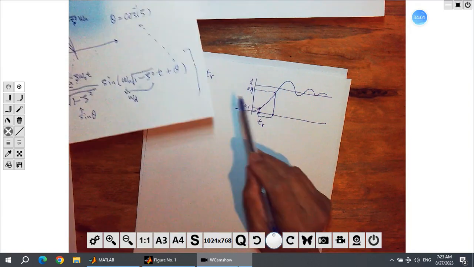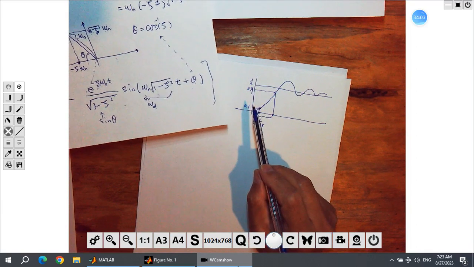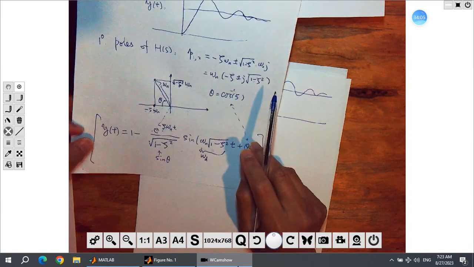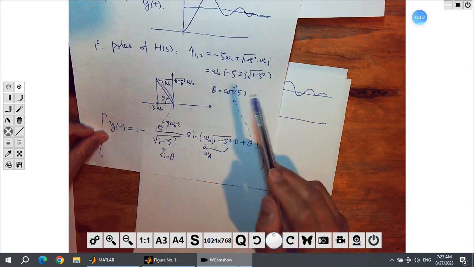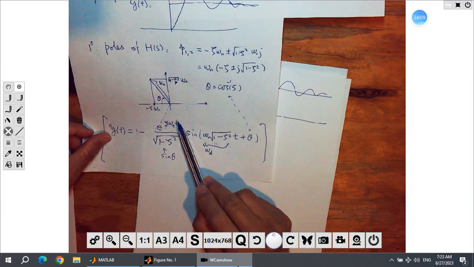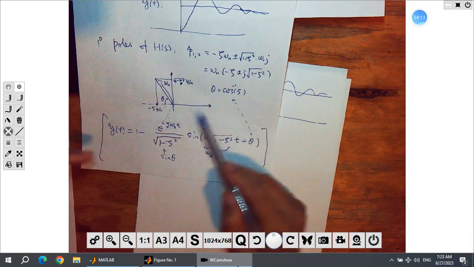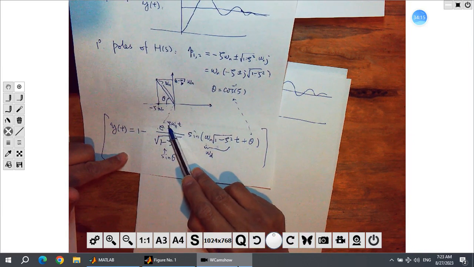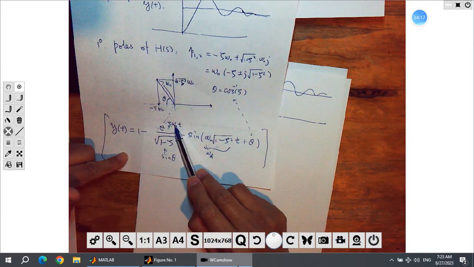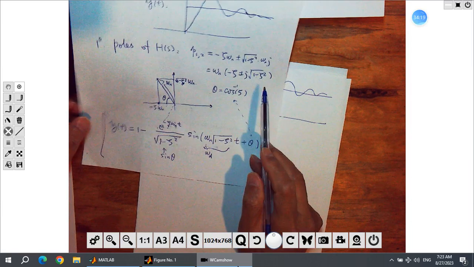So it's a complex calculation, and we do not have a general formula. You can just do it by experiment: you take different values of zeta and omega n, then you can find the rising time.